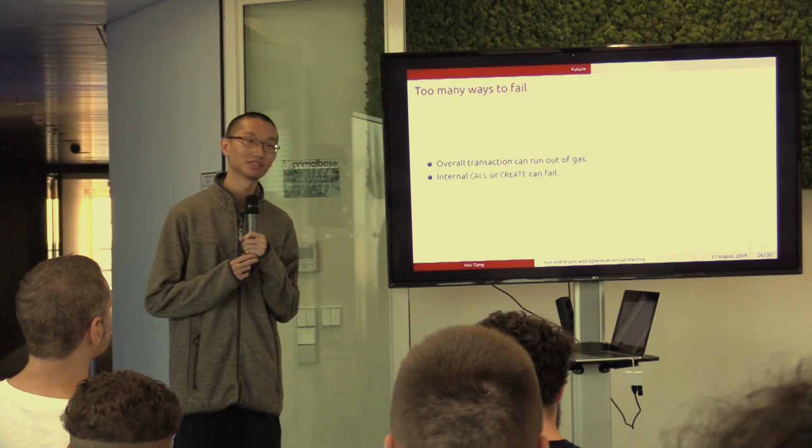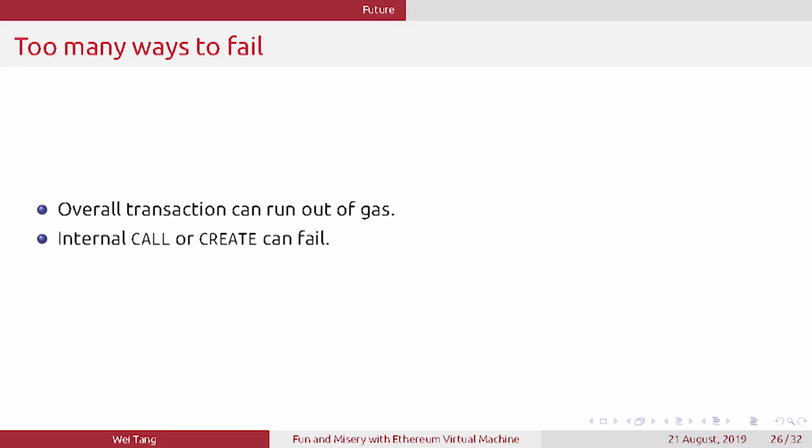First of all, for the EVM, we just have too many ways for a contract to fail. The overall transaction can run out of gas, and also an internal call or create opcode can fail.